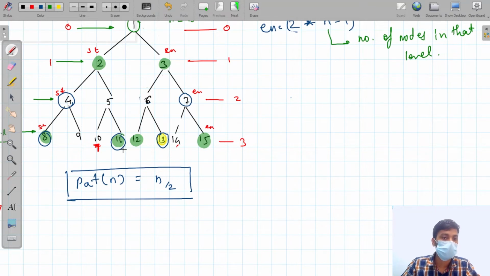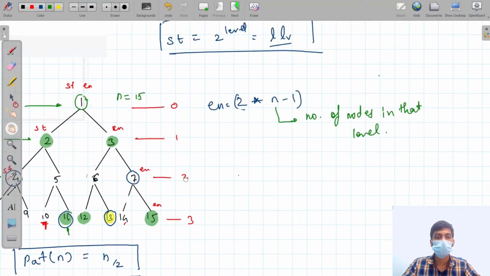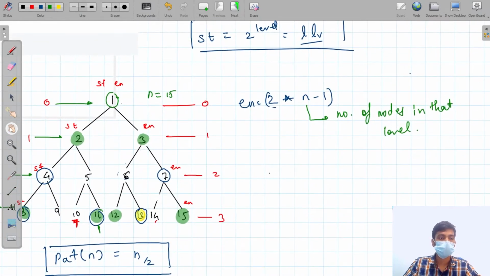If I am currently standing at this position and I don't know at which level I am currently standing, how am I going to find out? I am just going to find 2 raised to what is the level.